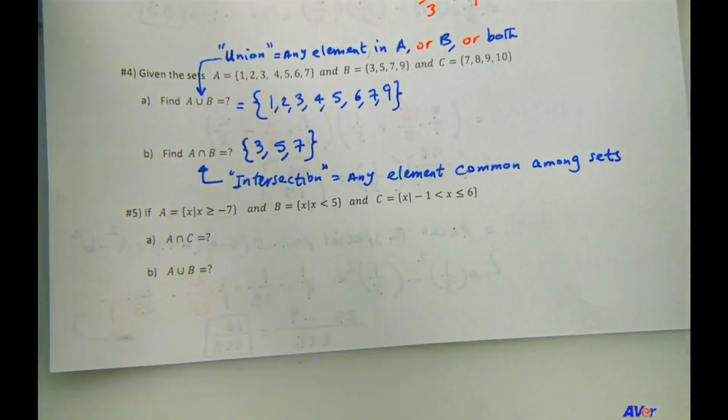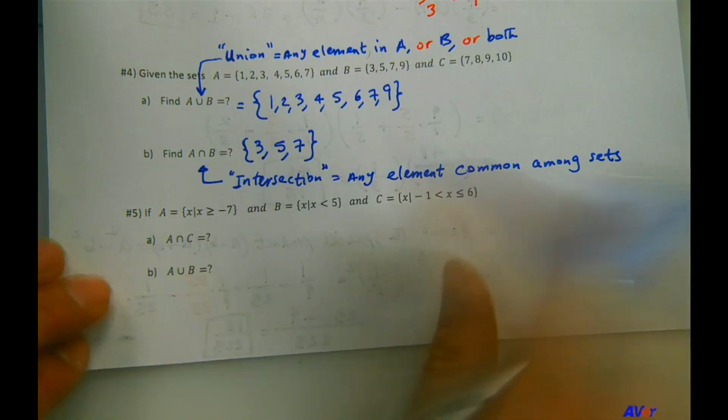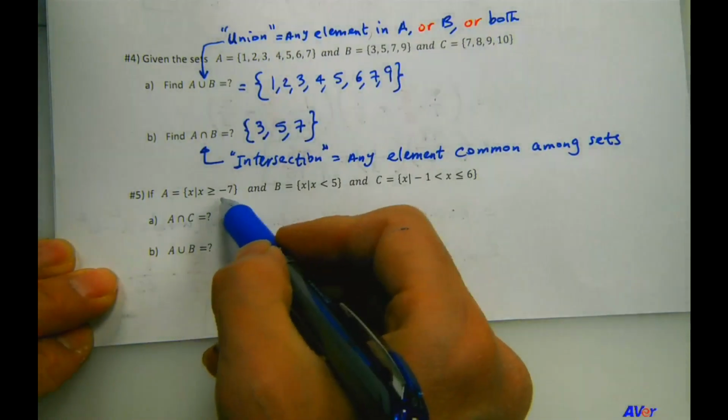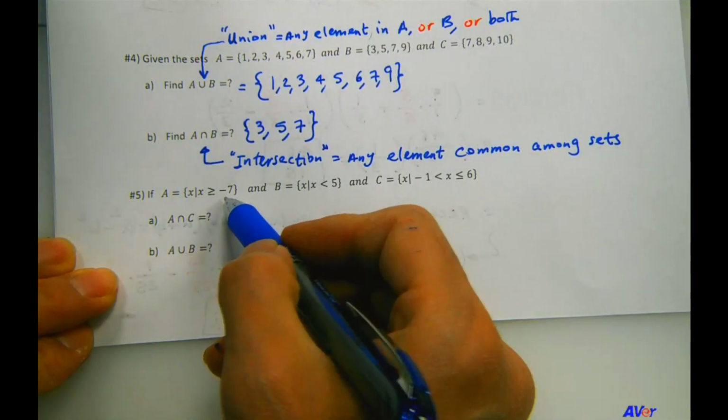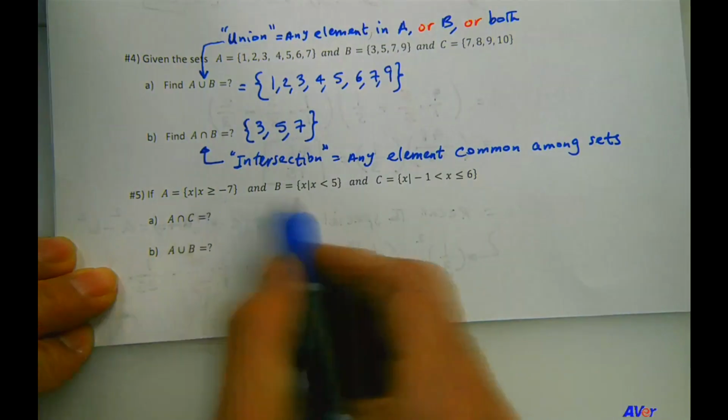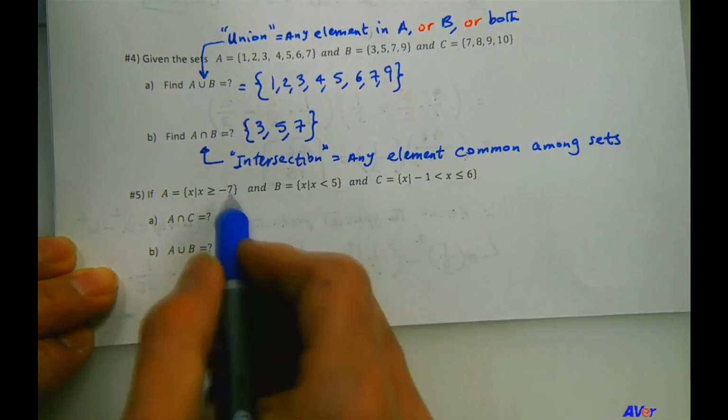Okay, so this one, number 5, it says A is a set such that X is some value greater than or equal to -7. So it could be -7, -6, -6.5, -6.2. It could be all of those all the way to positive infinity.